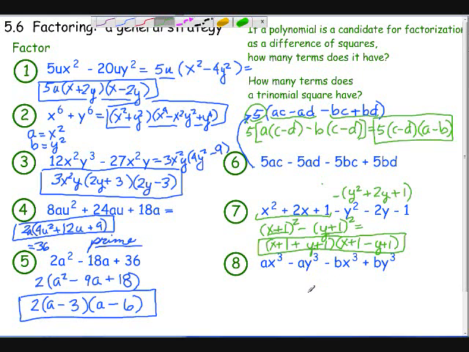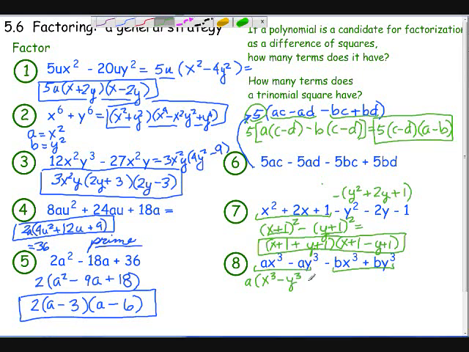All right, what's going on here? Ooh, a mess. Can I factor this by grouping? Well, let's try it. Factor out the a, that's the only thing that's common there. And we'll have x cubed minus y cubed.